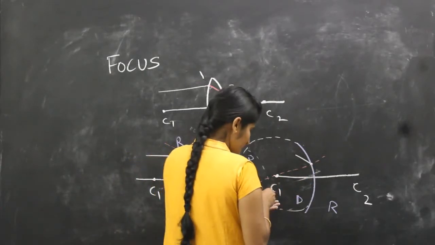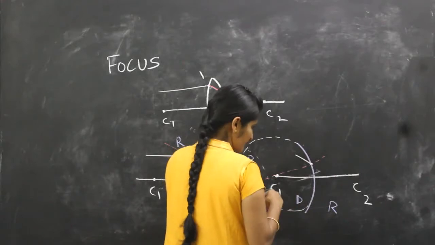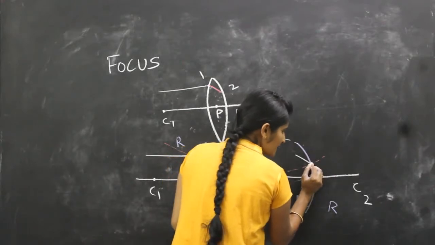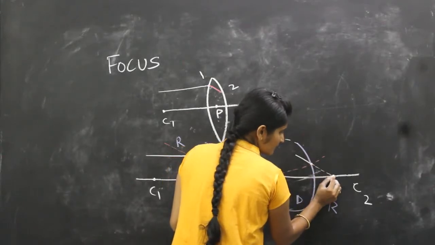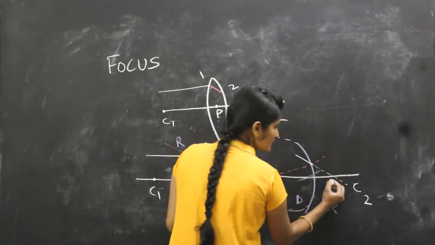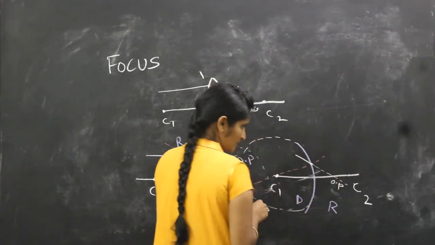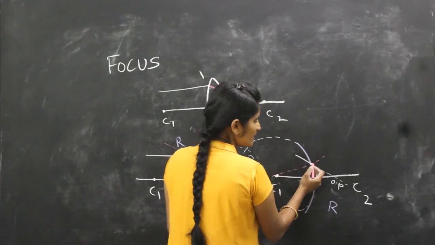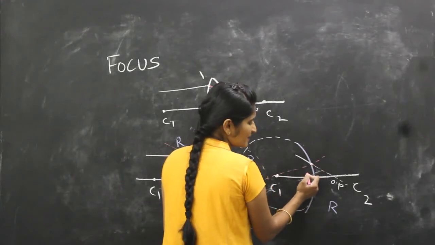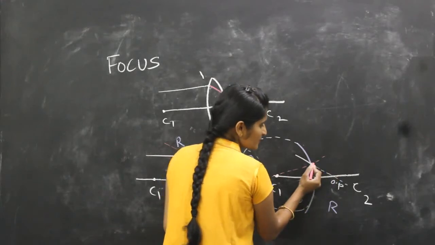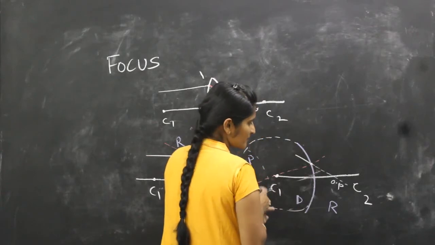Okay. So if we consider this as a plane surface, what happens? This ray travels in the straight path. Okay. So this will be the original path. Okay. So what we are saying here? When it is traveling from denser medium to rarer medium, the ray should bend away from the normal.